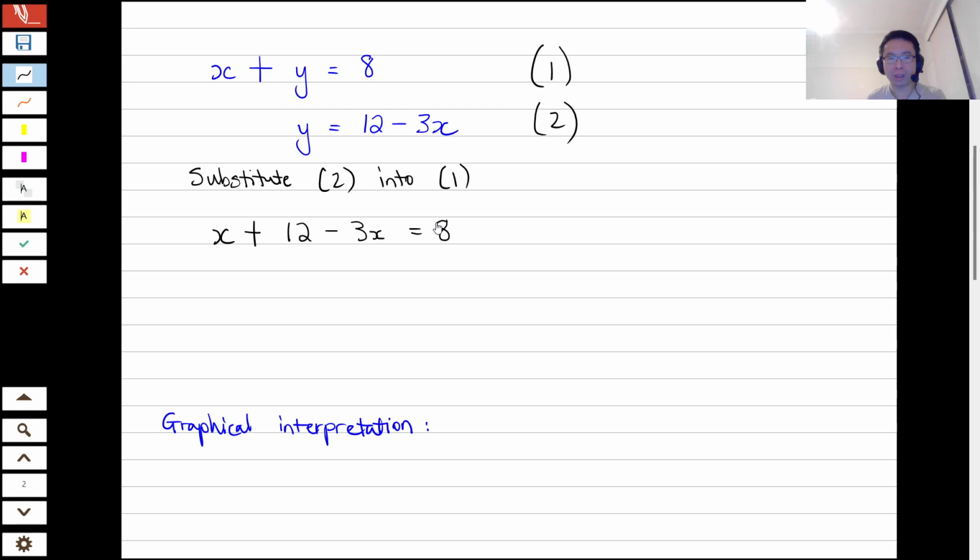And now if I collect like terms, I get 12 minus 2x equals 8, because x minus 3x gives me negative 2x. And now if I take away 12 from both sides, I get negative 4, and hence x equals 2.